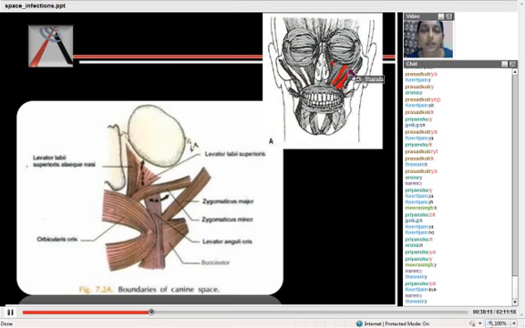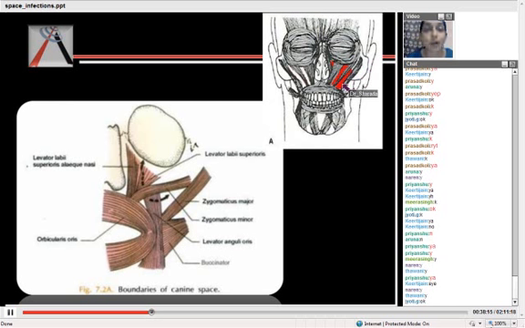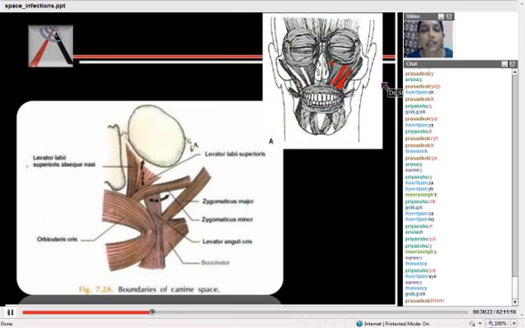Suppose a person comes to you with a canine space infection, but it is still not that obvious. You're going to give him an injection, or a block, for extracting your canine. Without knowing, you're going to go through all this area right up to your foramen, right? So what are you going to do?